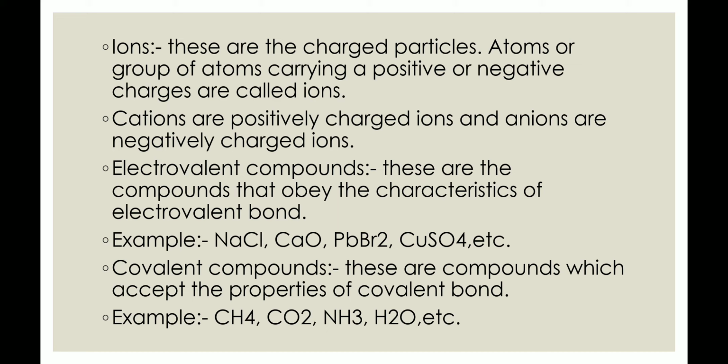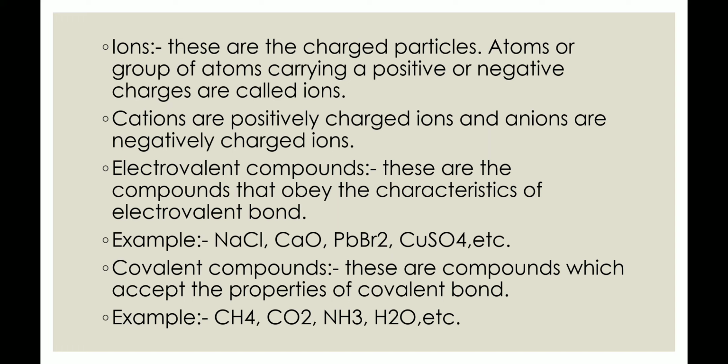So now what are covalent compounds? These are compounds which obey the properties of covalent bond. That means sharing of electrons takes place between non-metal and non-metal. So they are covalent compounds.